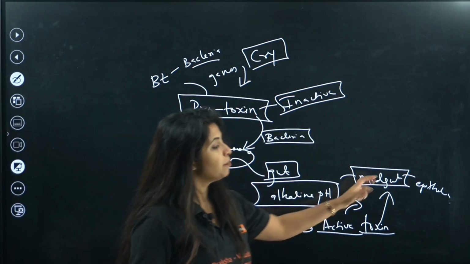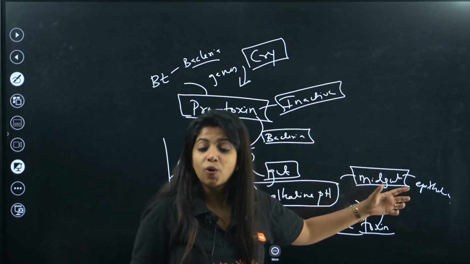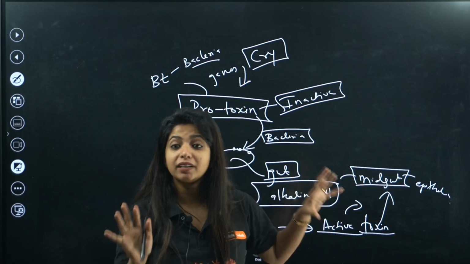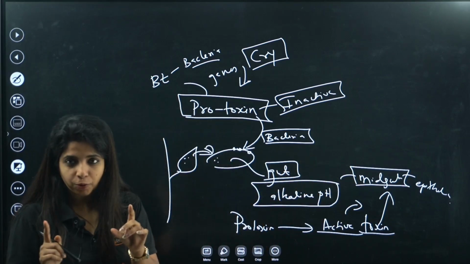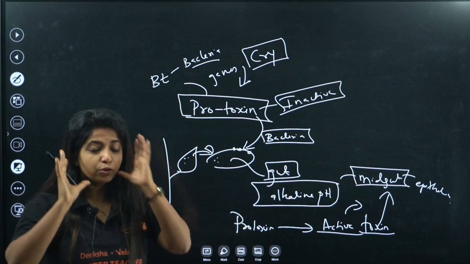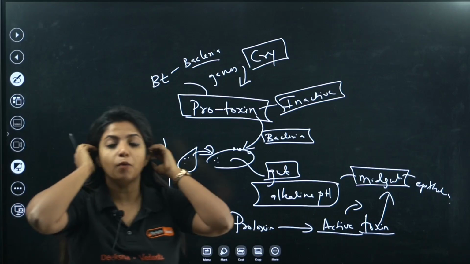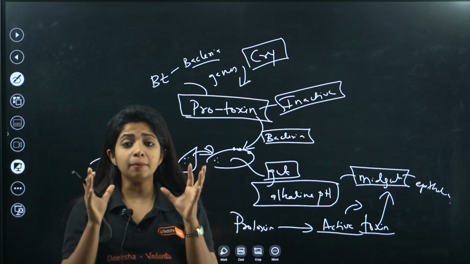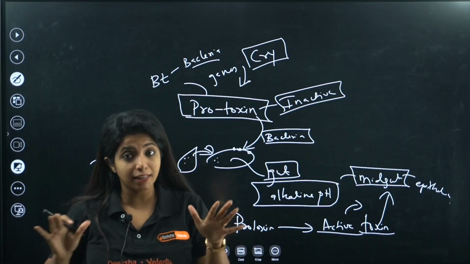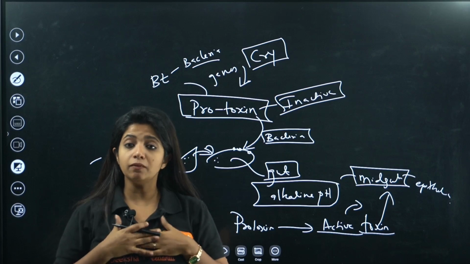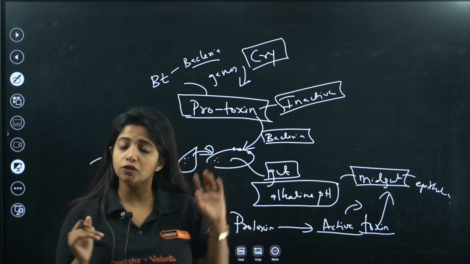Makes pores in the midgut region, leading to what? Death. Leading to death of the insect. I'll explain once more. So Bacillus thuringiensis, in their body, they are producing protoxins which are inactive in them. Please understand, it is inactive in them, which is why they are able to survive even in the presence of the protoxin.